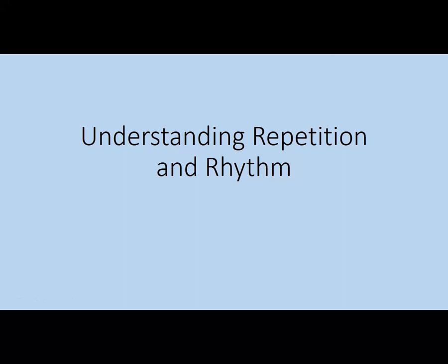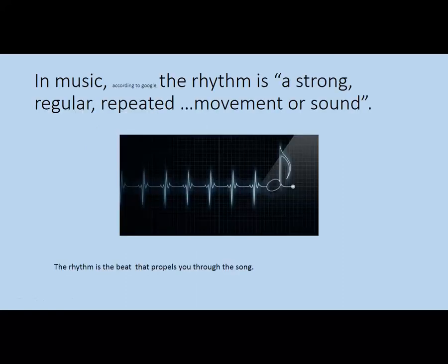Today we're going to talk about understanding repetition and rhythm. I know students sometimes have trouble with this concept, so relate it to music. In music, according to Google, the rhythm is a strong, regular, repeated movement or sound. This is the beat that propels you through the entire song.